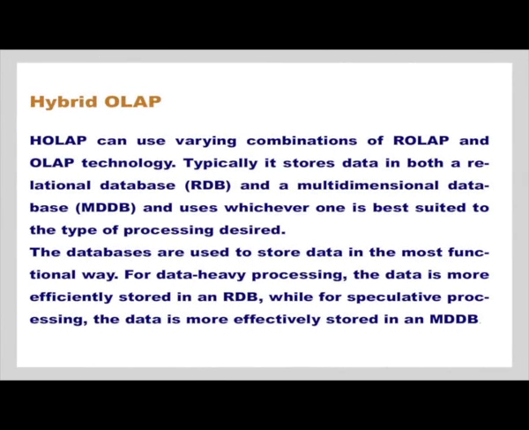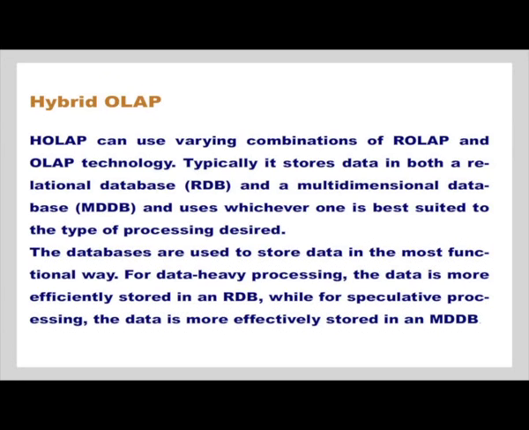HOLAP can use varying combinations of ROLAP and OLAP technology. Typically, it stores data in both a relational database, which is RDB, and a multidimensional database, which is MDDB, and uses whichever one is best suited to the type of processing desired.